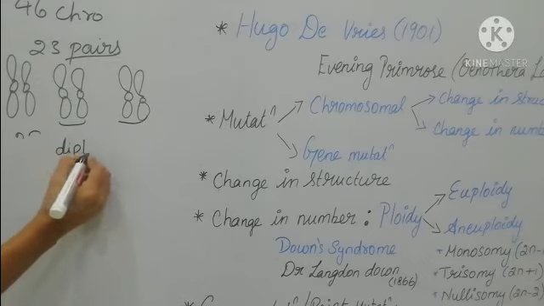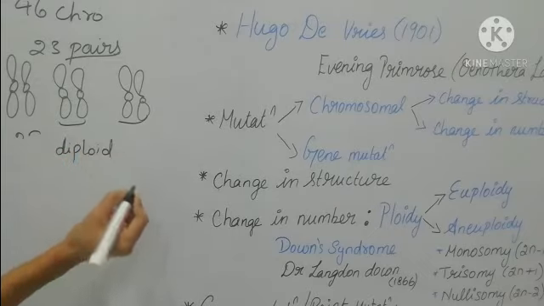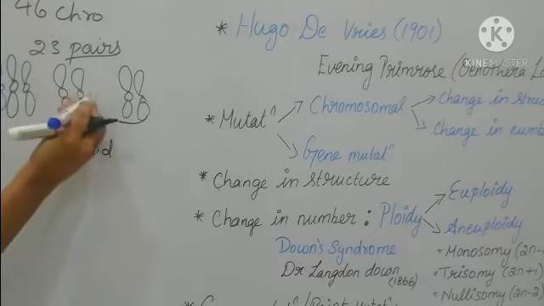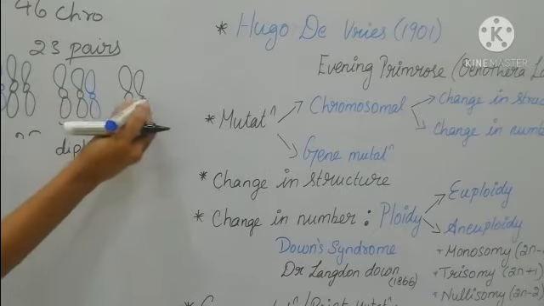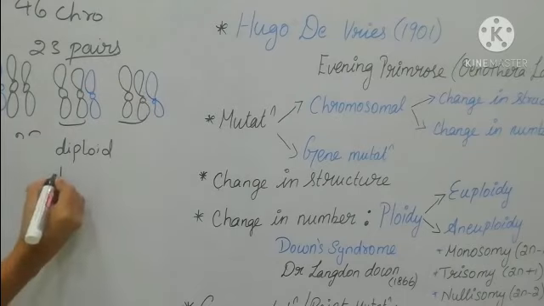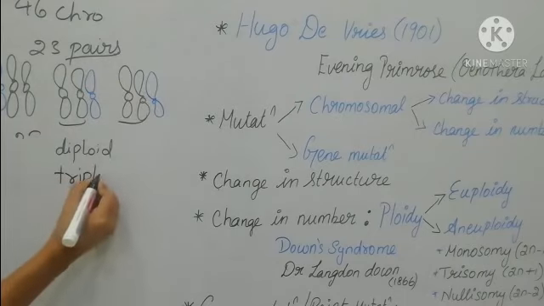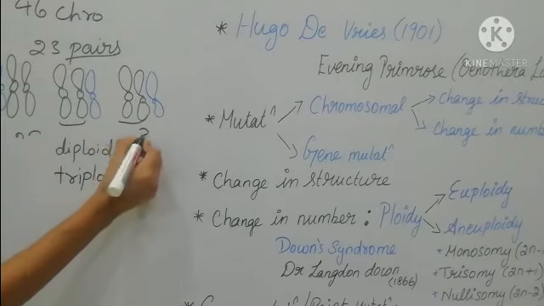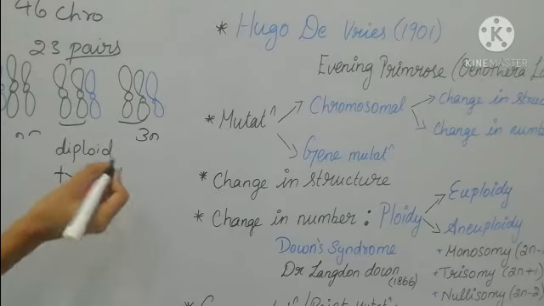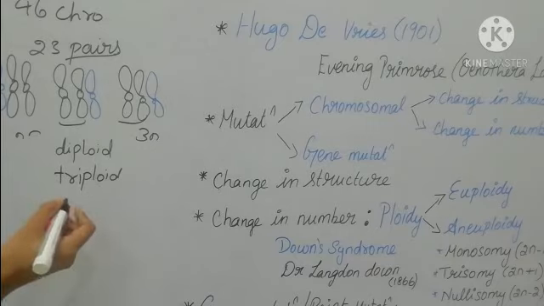The person with this euploid condition has an extra chromosome in all these sets. So instead of 2, there will be 3 chromosomes, and that condition we call triploid. Triploid is represented as 3n. This is the triploid condition. If triploidy is found in plants and animals, they are sterile.